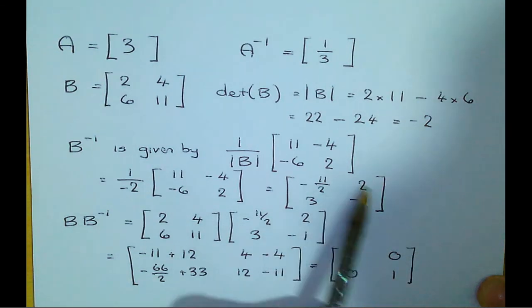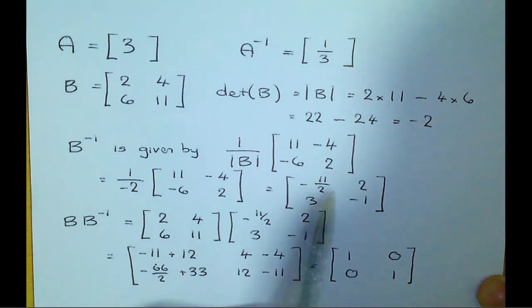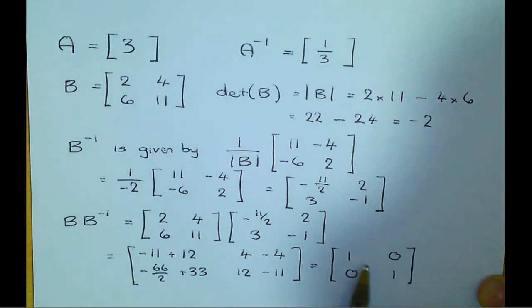You can see when we multiply our inverse here, well, we take B inverse, it turns out to be the identity matrix of order 2. We could furthermore check that B inverse B was also equal to 1, 0, 0, 1.